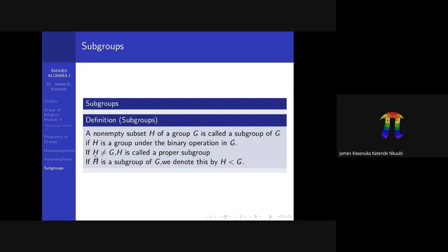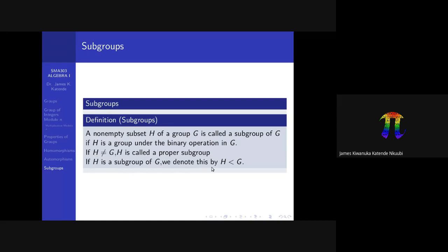If H is a proper subset of G, then it is called a proper subgroup. That is, if H is not equal to G, it's strictly smaller than G in size, then H is called a proper subgroup.